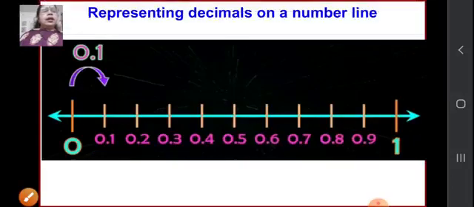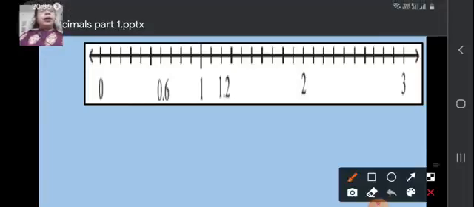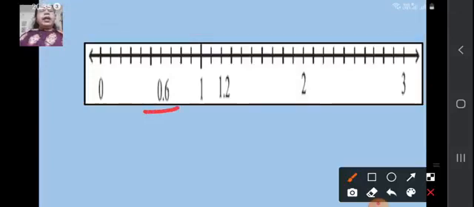Let us see a few more examples to understand this. Suppose we have a number 0.6 to be expressed on a number line. So, we know that 0.6 lies between 0 and 1.